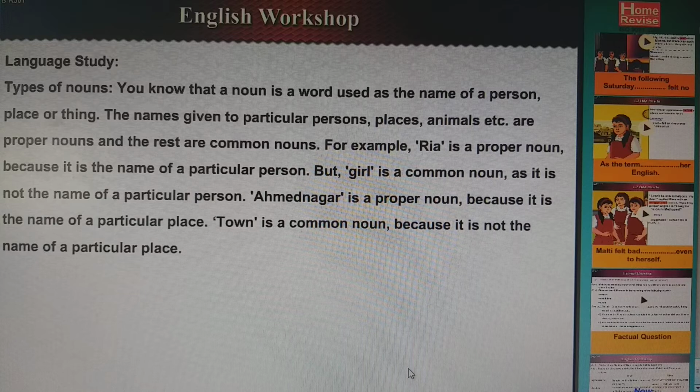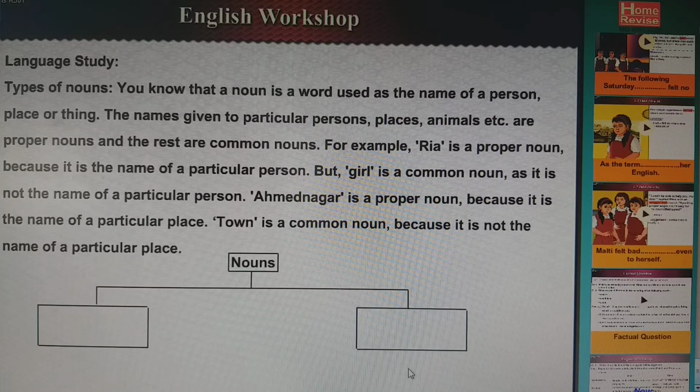And nouns are classified into two main types, proper noun and common noun. All the persons, places, things or animals that have been given a particular name are said to come under the proper noun. And when no particular name is given, just said randomly, then it's said to be a common noun.